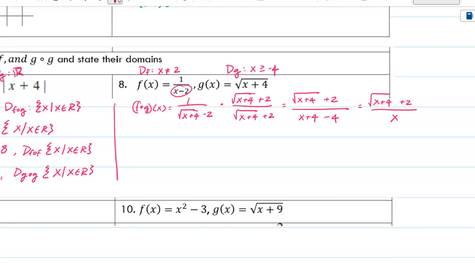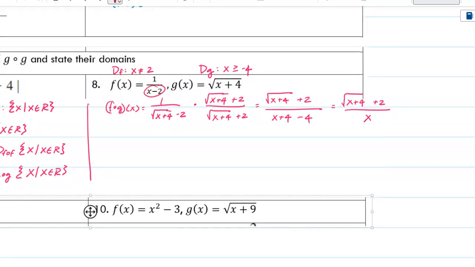Negative 4. And so what was the input function? It already got restricted with what we could put in the input. The input function was the domain of g, which is x is greater than or equal to negative 4.